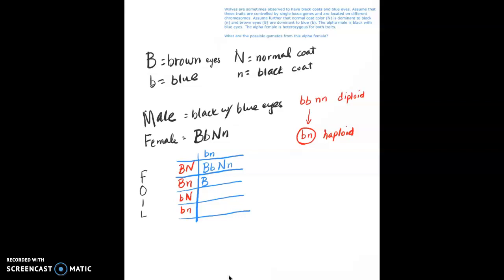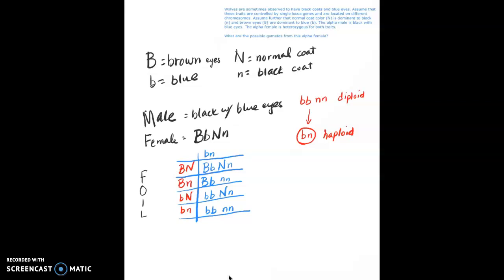So again, by convention, you always write the B's first, and you write the capital before the small letter. Okay, and so this is the genotype probabilities of the offspring.